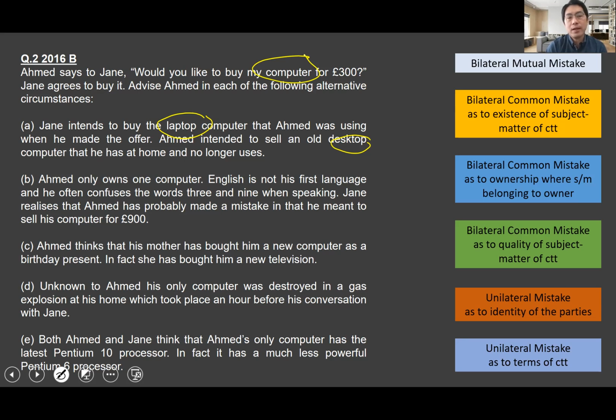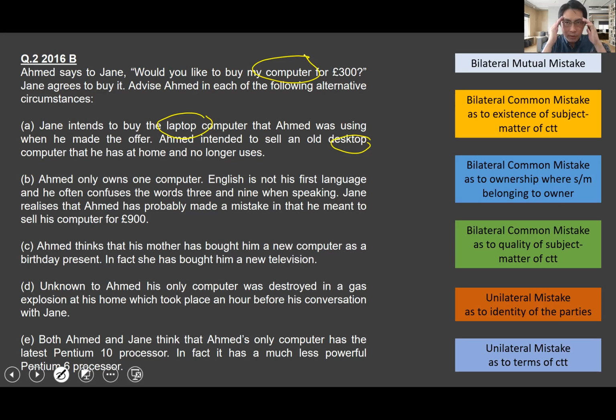So let's look at part A and ask, is this a mistake made by one party or 2 parties? Is it a case of where Ahmad knows that Jane was mistaken and he was not? Or that Jane knew that Ahmad was mistaken and she was not? Or is it a case of where it's a genuine mistake made by both parties, that Ahmad says, would you like to buy my computer?